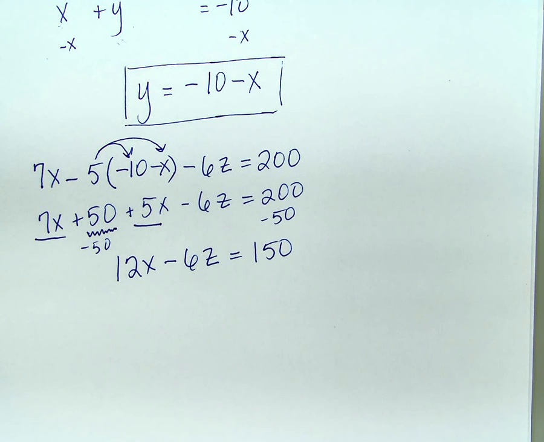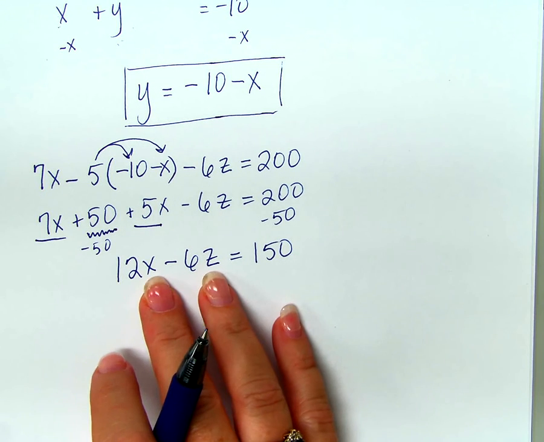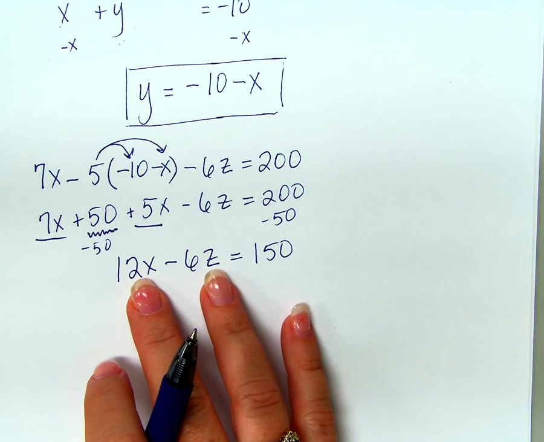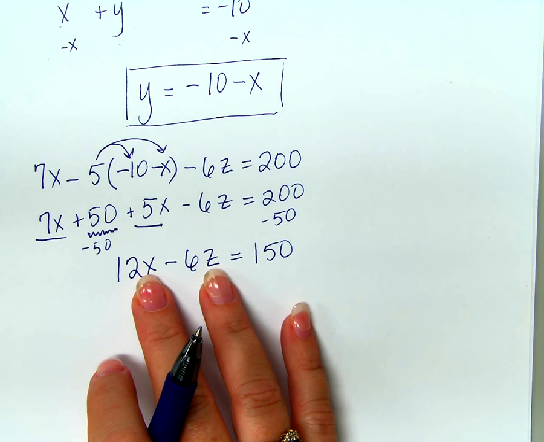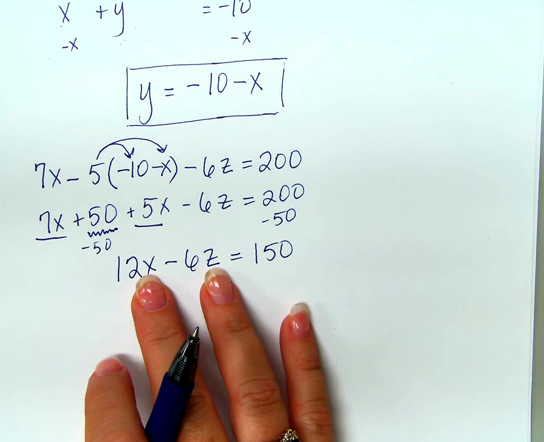What does that do? What good does that do? All I did was get an equation with x and z in it. Do I know x or z that I can plug in right here? So if I have one equation with x and z, what do I need? Another equation with x and z. Yes.